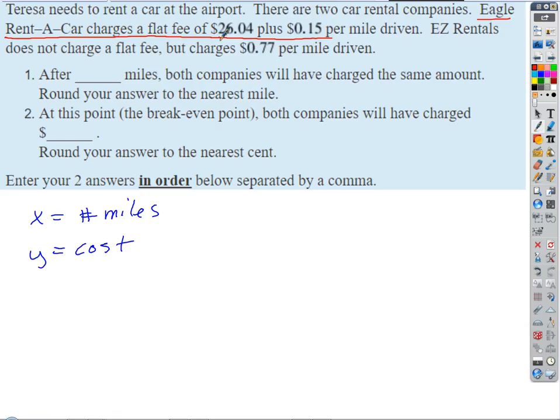So y, the cost for the red situation, equals the mileage rate times the number of miles. Doesn't that make sense? It's 15 cents per mile times the number of miles driven, tells you how much you're paying for your mileage rate, plus the flat fee.